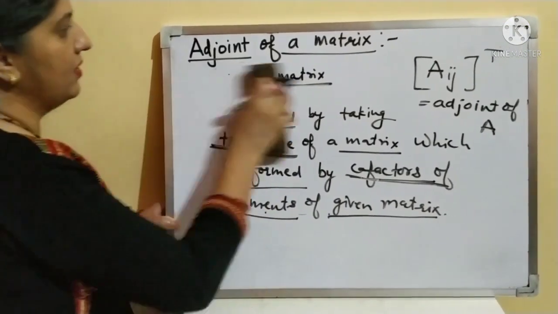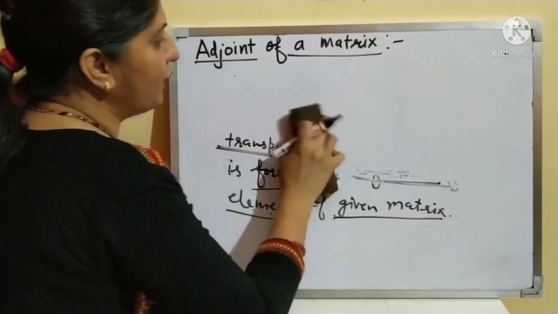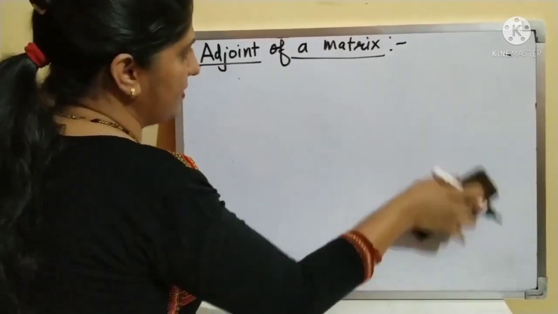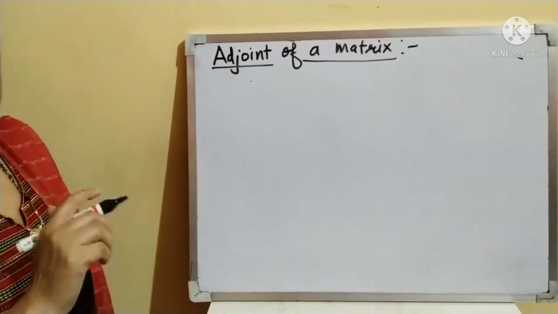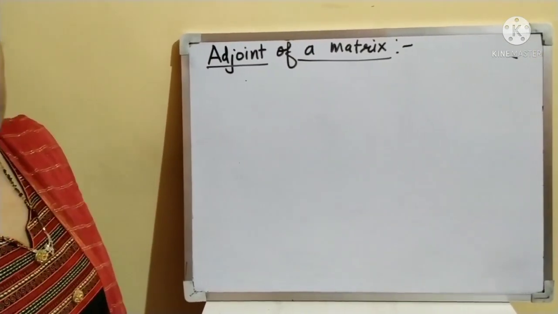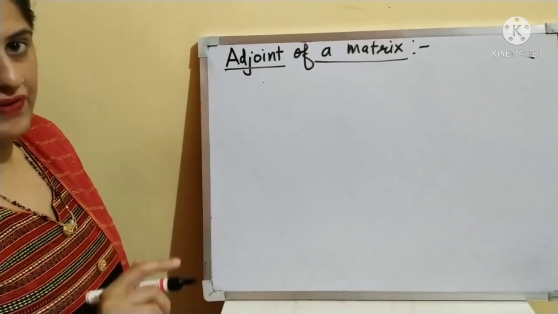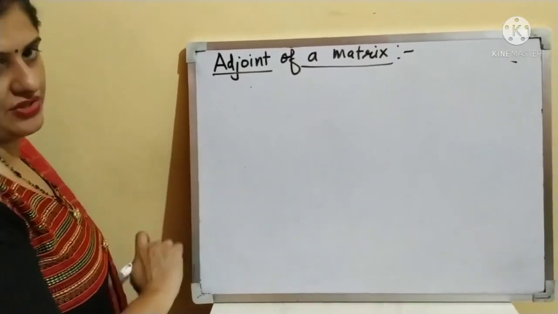See here, we have to consider a matrix. Adjoint always works only for square matrices, so we will take a square matrix.